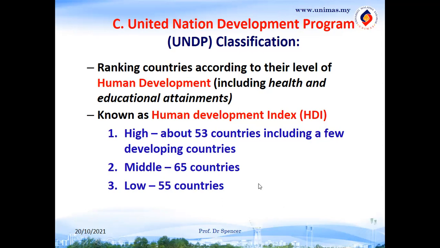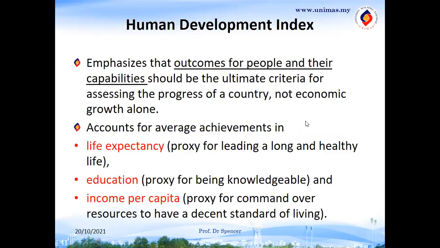Right, so this is another classification. The Human Development Index emphasizes the outcomes for people and their capabilities, and should be the ultimate criteria for assessing the progress of a country, not just economic growth alone, right? So it accounts for average achievements, and number one, life expectancy. Life expectancy is more or less a proxy for leading a long and healthy life.